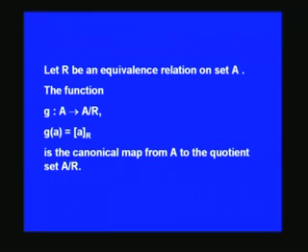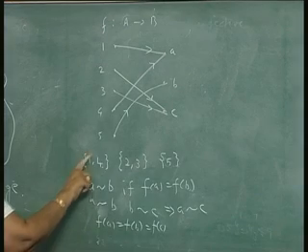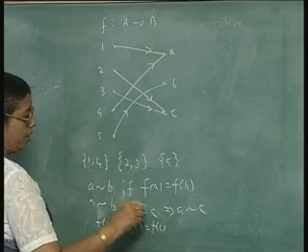Let R be an equivalence relation on a set A, then the function from A into A/R is a canonical map from A to the quotient set A slash R. Okay. So, this equivalence relation on set A divides it like this. Then this is the equivalence class containing 1.